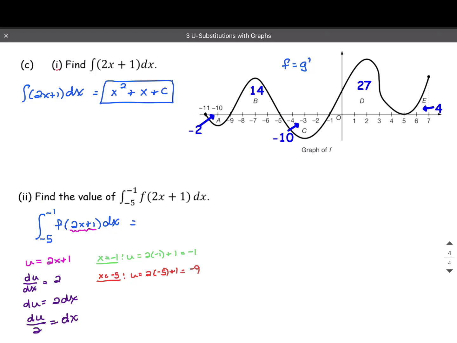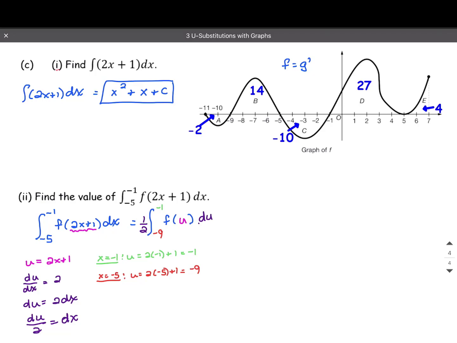Now we're ready to make our substitutions. Instead of going from negative 5 to negative 1, we're going from negative 9 to negative 1 of f of, but instead of 2x plus 1, it's u, and dx is du over 2. Now that 2 in the denominator is a constant, so we can factor out the 1/2.